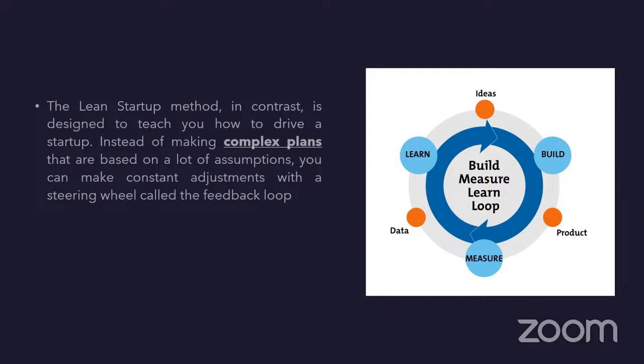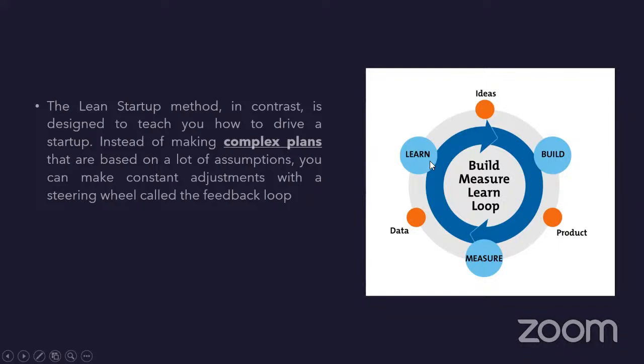In the lean startup method, we discussed it yesterday and I will discuss it again today. You start with an idea. Through the idea, you build something to test your business model. What you build turns out to be a product. Then you go to the market to measure, to fail fast. Based on that, you get data, and based on the data, you start learning.